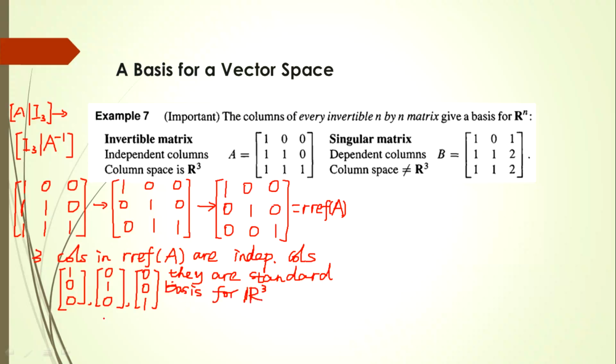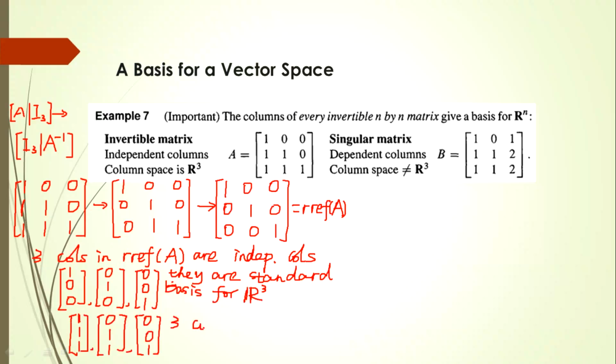So since the 3 columns in RRE form are independent, how about those 3 columns in matrix A? 1, 1, 1. 0, 1, 1. 0, 0, 1.